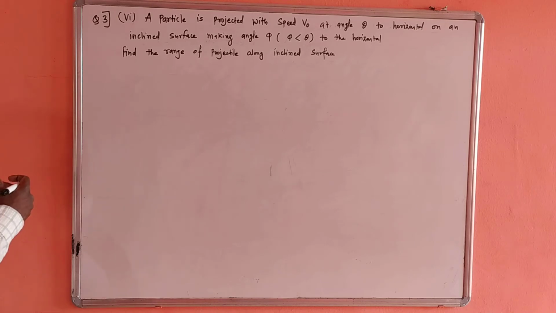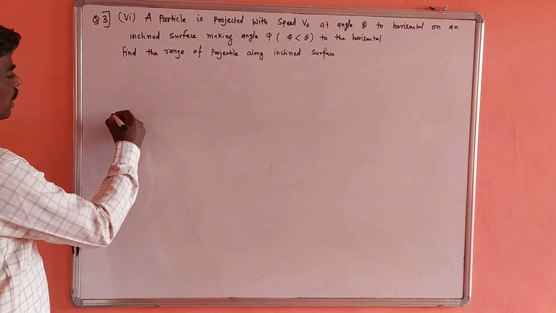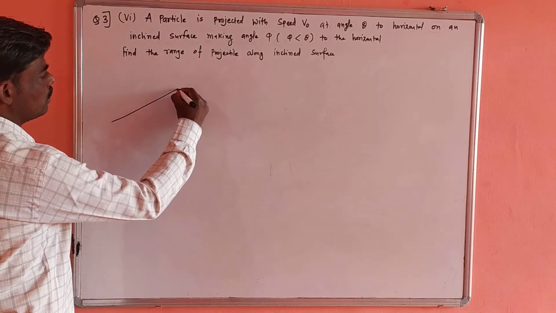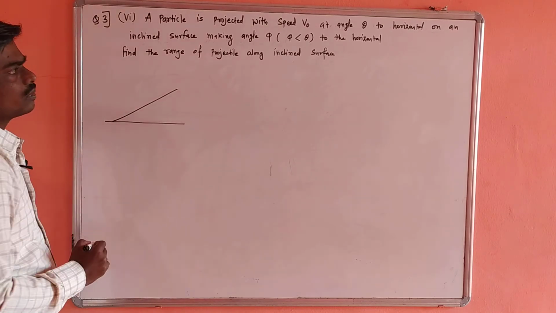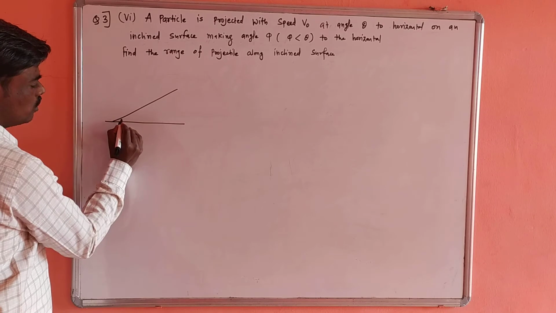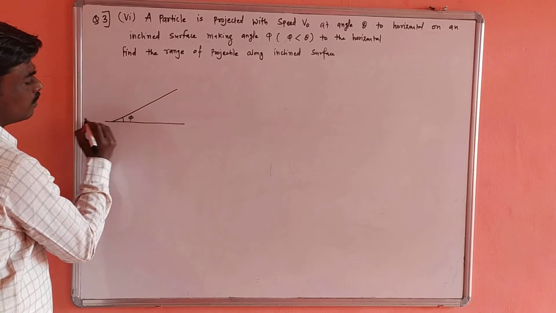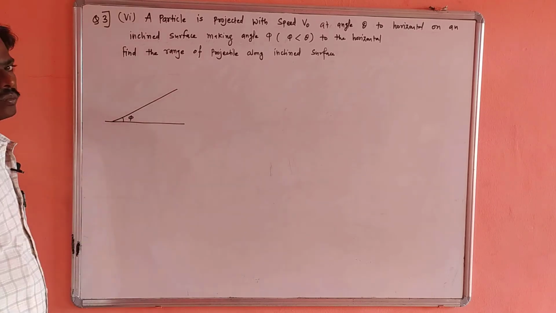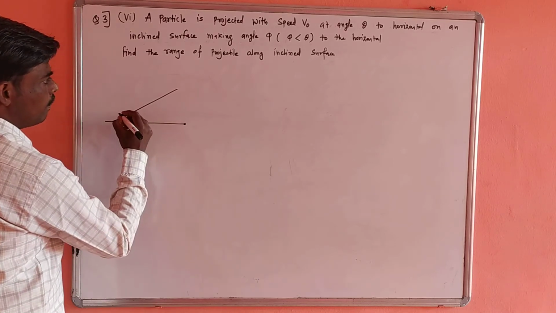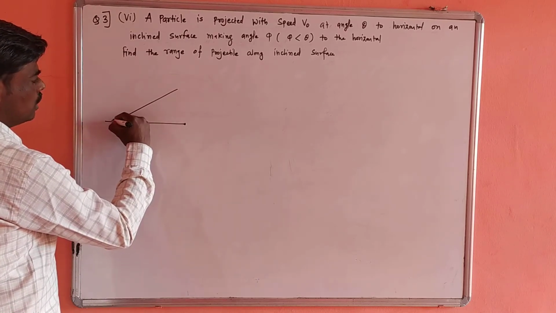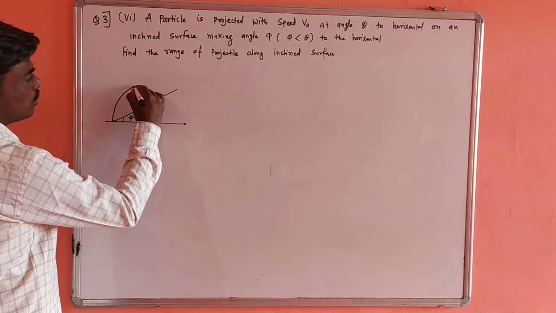So imagine the diagram here. The particle is projected with a particular velocity from the inclined surface. This is the inclined surface which makes angle phi with the horizontal. This is the horizontal surface. Then it is projected with a particular velocity v0.